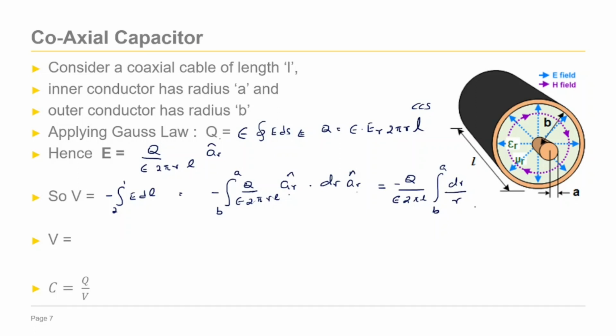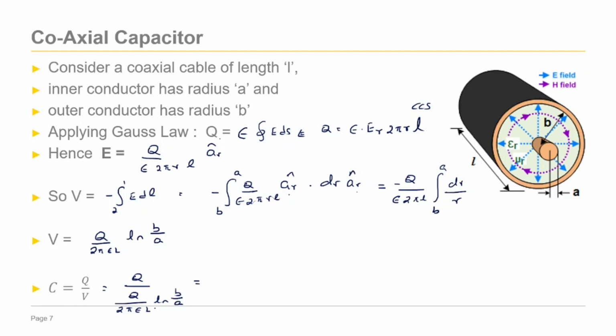So if we go ahead and integrate this and apply the limits, taking the negative inwards, it is going to be logarithm of a by b, and with the minus, you get your potential V as Q divided by 2 pi epsilon L times the natural logarithm of b by a. Now this is a very interesting relation, and from potential you just apply the definition for capacitance. You get C equal to Q divided by Q over 2 pi epsilon L times the natural logarithm of b by a.